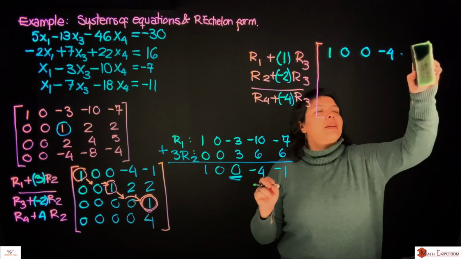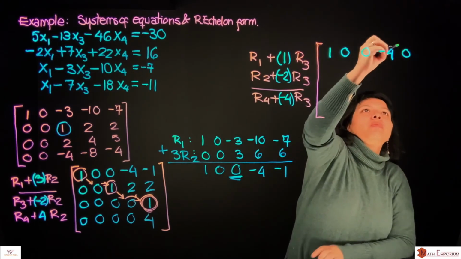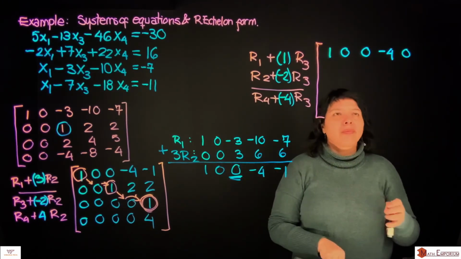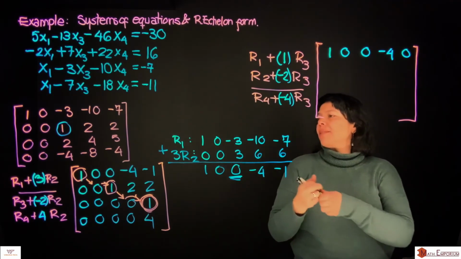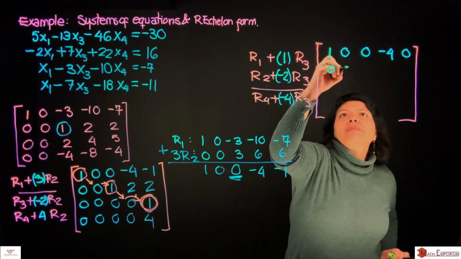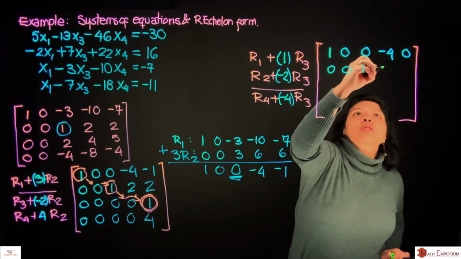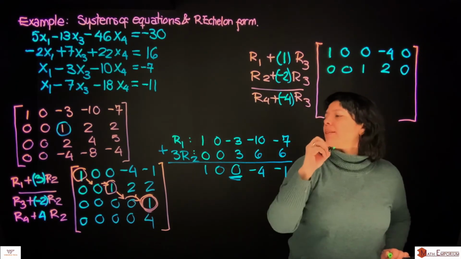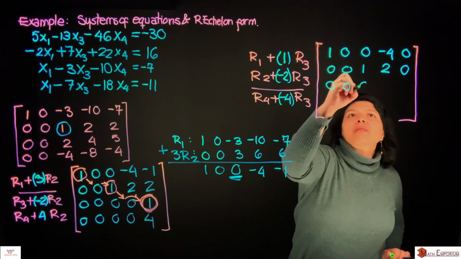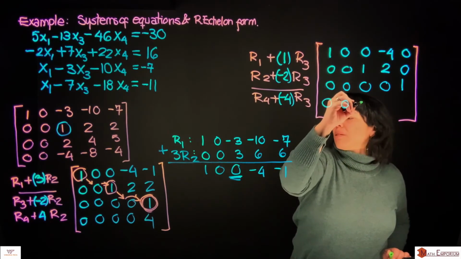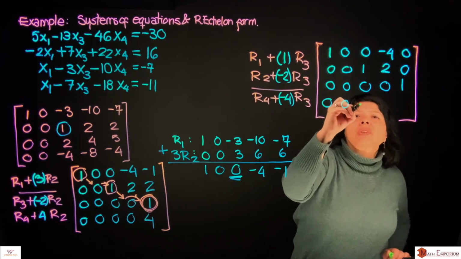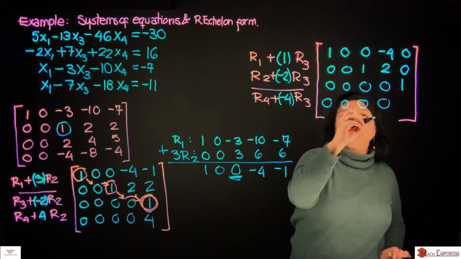This got moved to 0 now. And then 0, 0, 1, 2, I got a 0 now, 0, 0, 0, 0, 1, and finally 0, 0, 0, 0, 0.